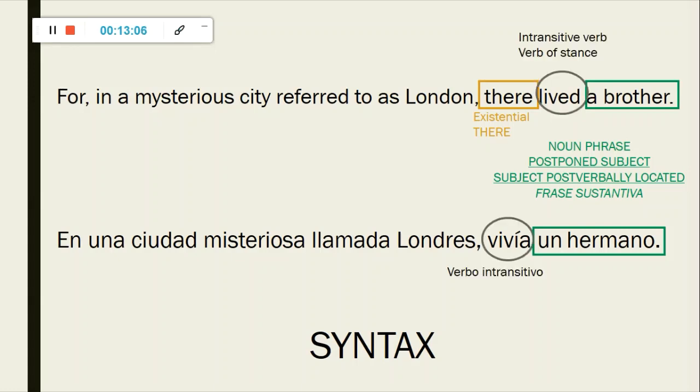And we have the verbs. In the case of English, the verb live, which is an intransitive verb, and the verb vivir in Spanish, which is a verbo intransitivo. You see on the slide that I have classified the intransitive verb as a verb of stance, and I will go back to that in a minute.